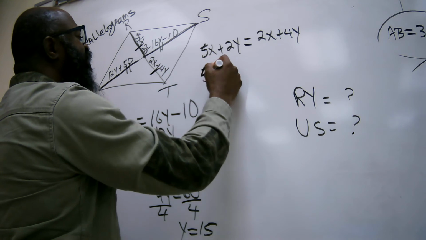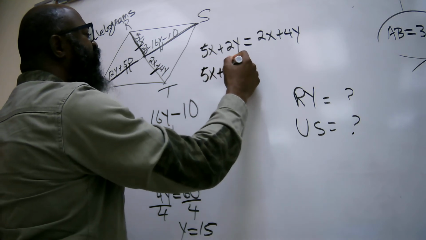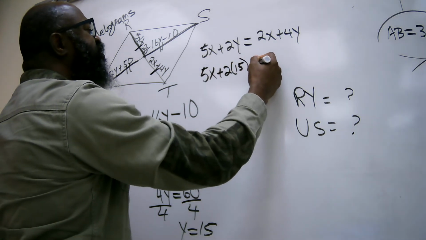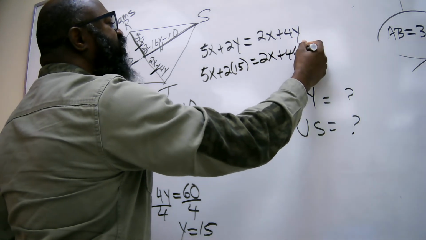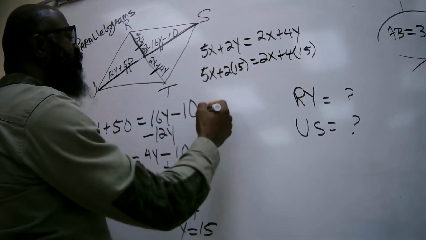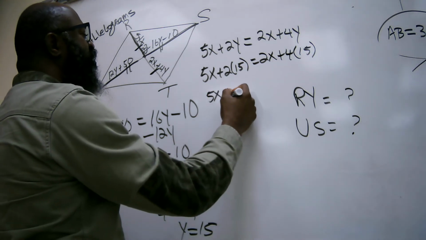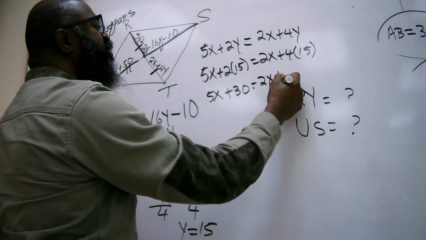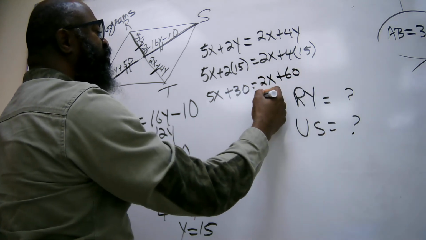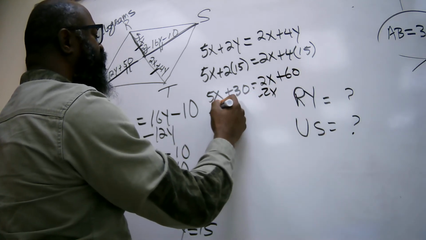Alright, then since y is 15, we can replace here. We'll have 5x plus 2 times 15 is equal to 2x plus 4 times 15. Right? And you'll have 5x plus 30 is equal to 2x plus 60. Then subtract 2x from each side.